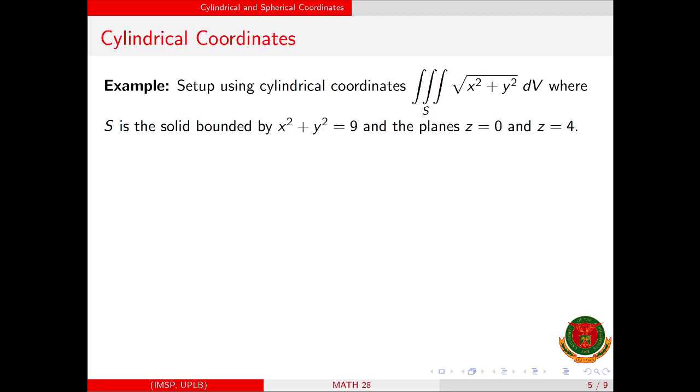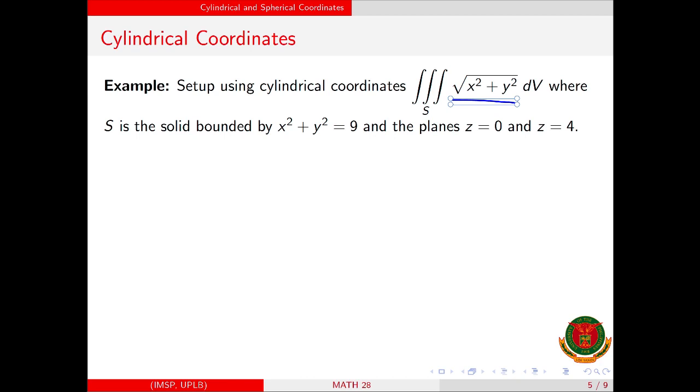As a solution from this example, take note that our iterated triple integral is written in Cartesian coordinate system. So our goal here is just to convert the Cartesian equations into cylindrical equations. Look at the integrand that is given by the square root of x squared plus y squared.